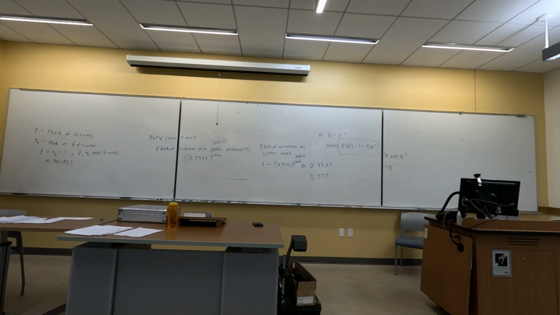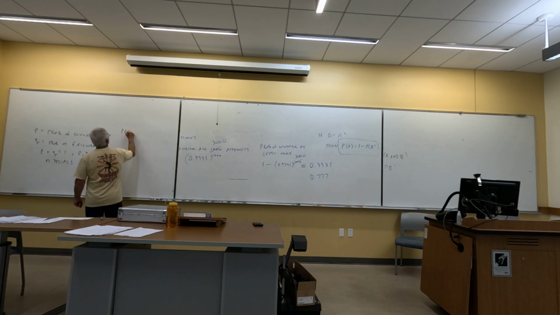A trial is when I perform the experiment. Yesterday I said we're going to flip a coin 3 times. That means technically I did 3 trials. That's all that means. Okay? So N always refers to the number of trials. I'm going to do N trials, and the probability of success and failure are fixed.